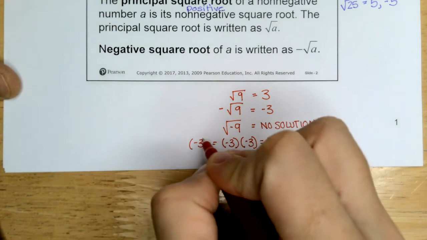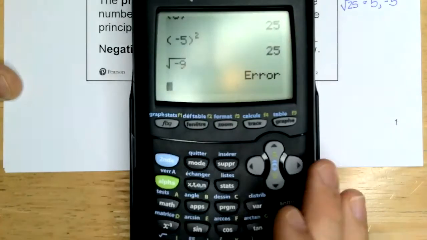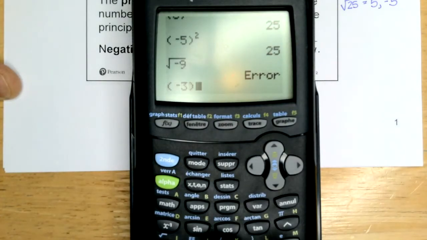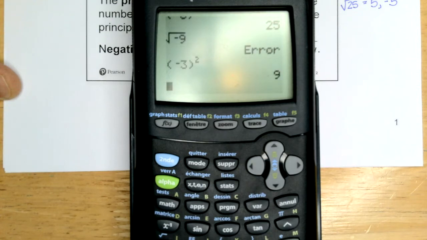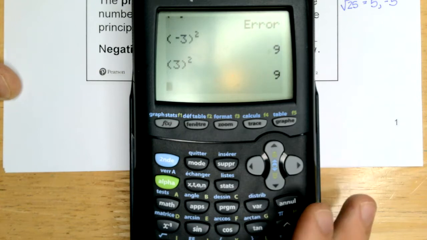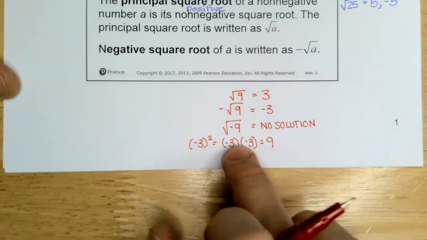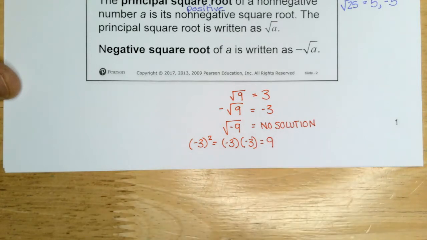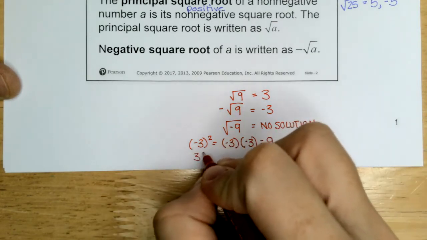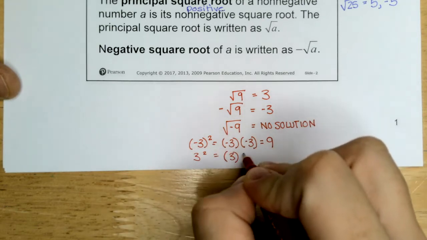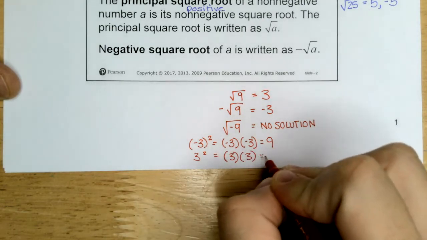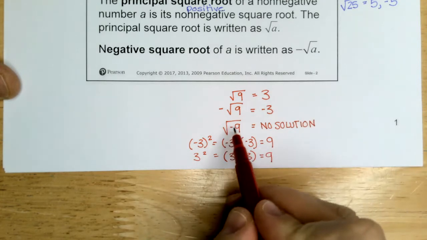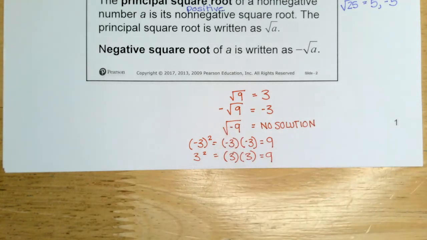So negative 3 squared is positive 9. Three squared, we know, is 9. No two negatives, no two positives can equal a negative, which is why we can never put a negative under the square root symbol. All right.